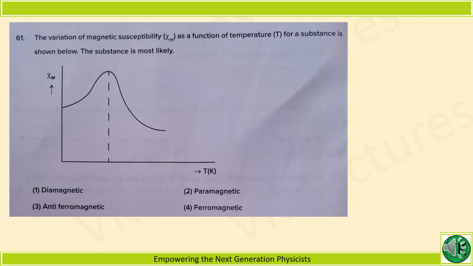The variation of magnetic susceptibility as a function of temperature T for a substance is shown below. The substance is most likely an antiferromagnetic material, so the correct option is option 3.